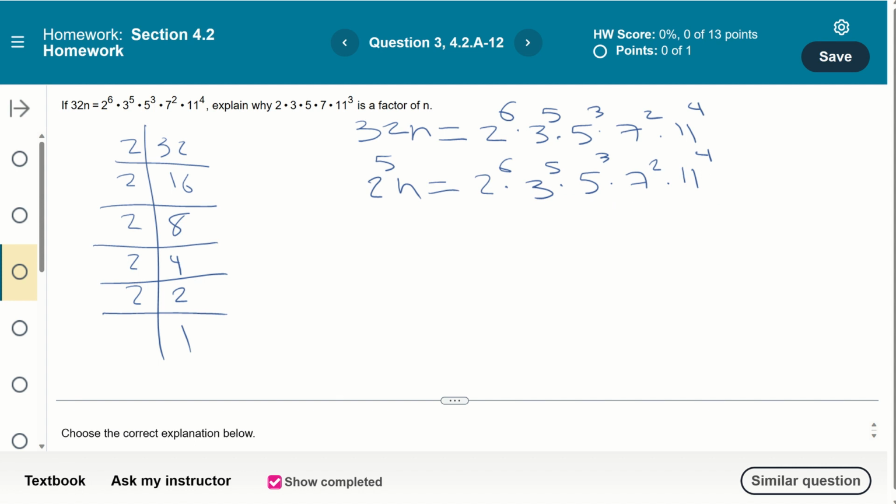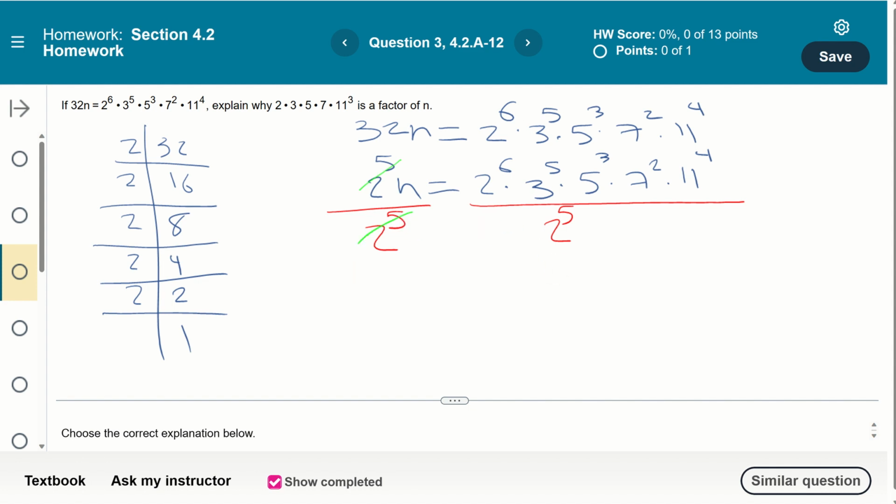Now, if I'm trying to understand something about n, I'm going to want n by itself, right? So that's why we're going to go ahead and divide both sides by 2 to the 5th so that we can end up with n by itself, right? So on the left side, of course, the 2 to the 5th will cancel out.